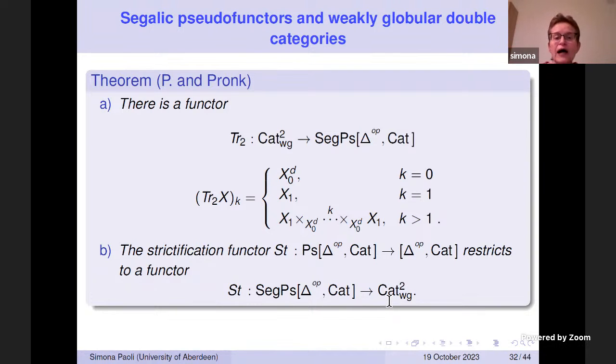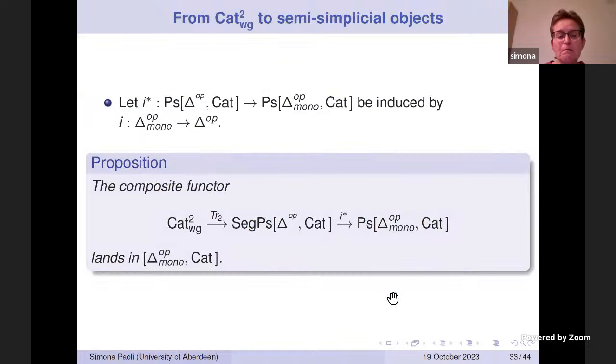Okay, so how can we use this to get this strictly associative composition? Well, what we want to do is to take this pseudofunctor that we build out of a weakly globular double category and restrict it to the delta mono part. Why do we want to do this?